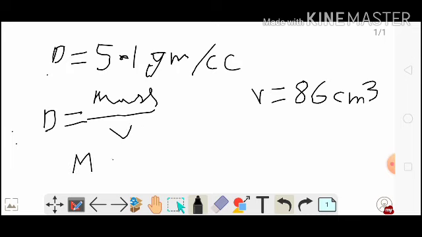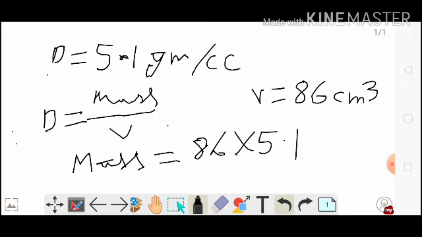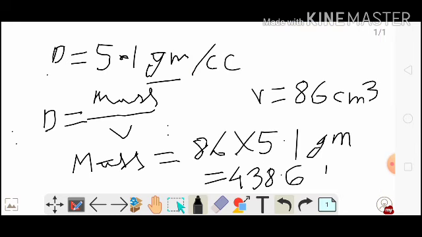So mass of zinc having volume 86 centimeter cube will be 86 multiplied by 5.1, and since the unit is given as gram here, the unit will be gram, and that will be equal to 438.6 gram.